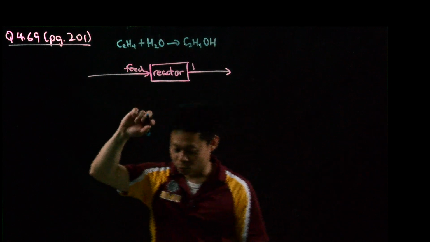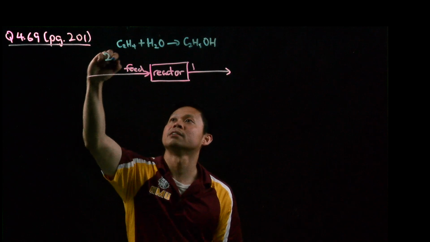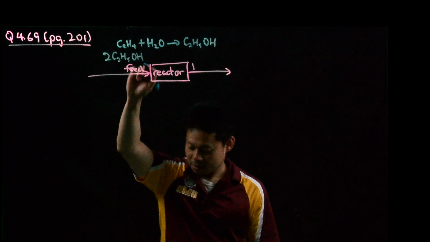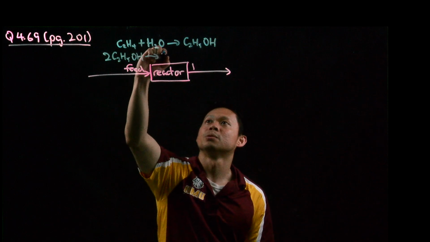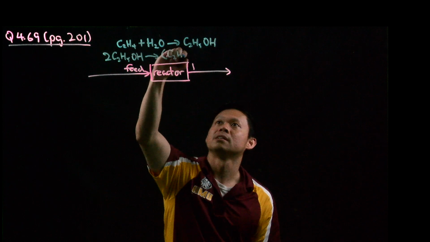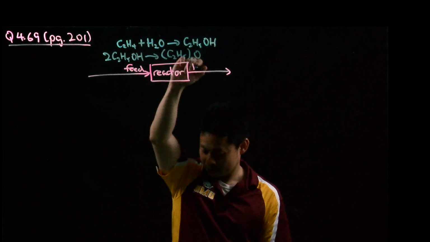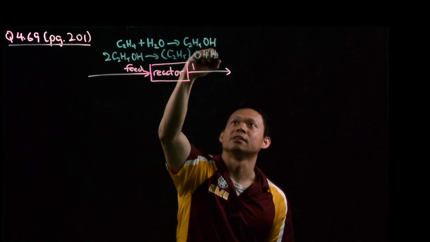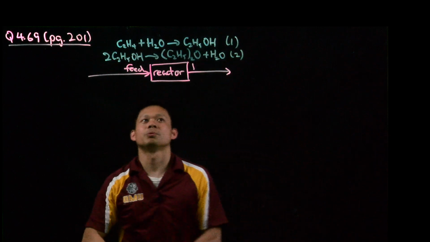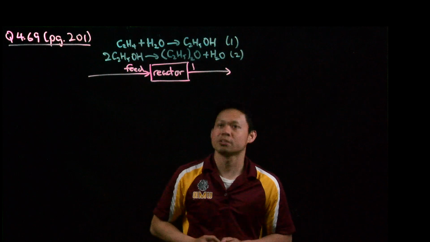And then we have an unwanted side reaction where the ethanol that is produced goes into a product that we do not want, in this side reaction down here. So this is reaction 1, this is reaction 2. We have two reactions going on in this reactor.